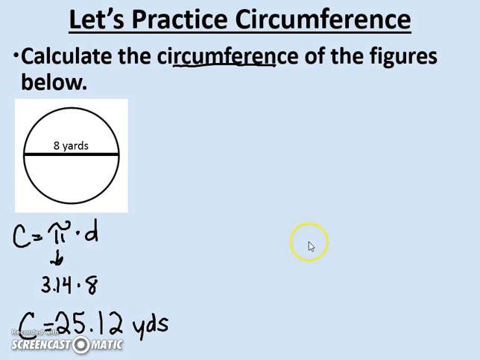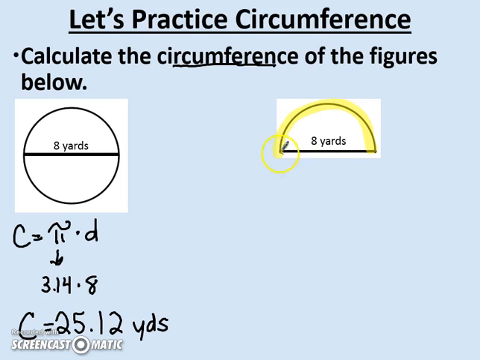Now let's say that we are not looking at a whole circle. Let's say we're looking at half of a circle. What are we going to do to figure out the distance around half of the circle, which would include from here to here, not the length in the middle, just here to here?